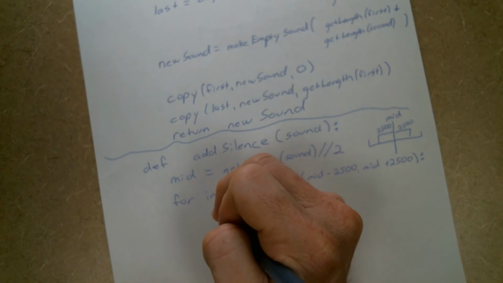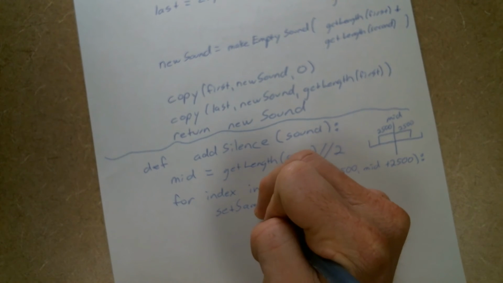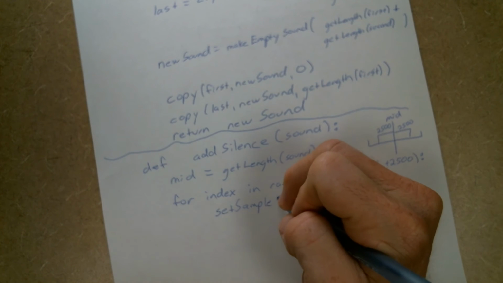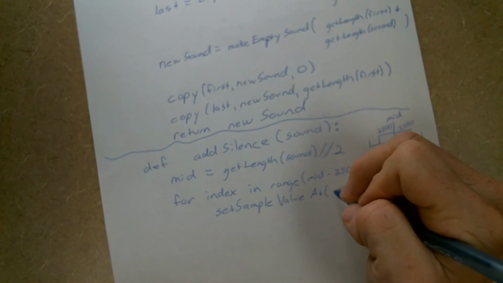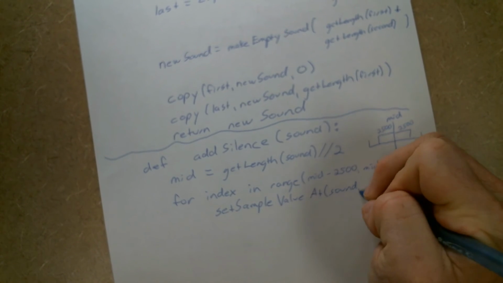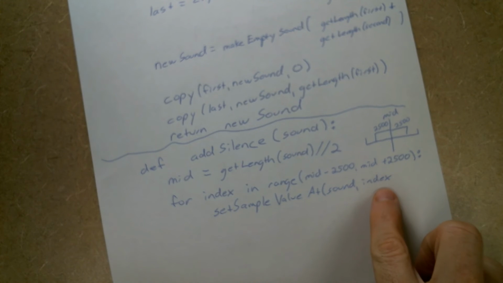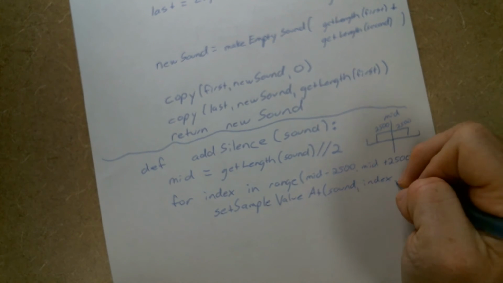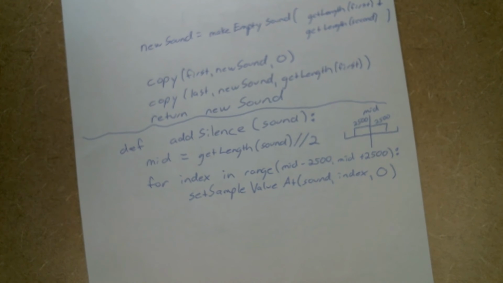So I can just say, hey, set sample value at sound, comma, index. So changing the sound object at the index being generated by my loop. And the value that I'm setting it to is 0.